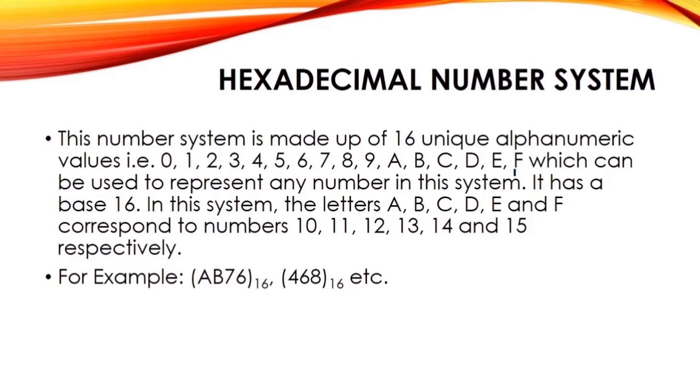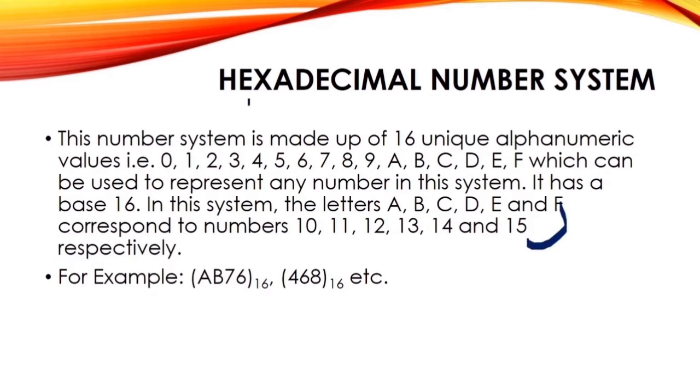The hexadecimal number system is made up of 16 unique alphanumeric values, that is 0, 1 and continuing till F, which can be used to represent any number in this system. It has a base 16. In this system, the letters A, B, C, D, E and F correspond to the numbers 10, 11, 12, 13, 14 and 15 respectively.